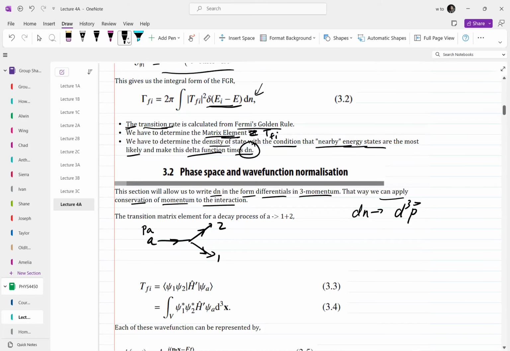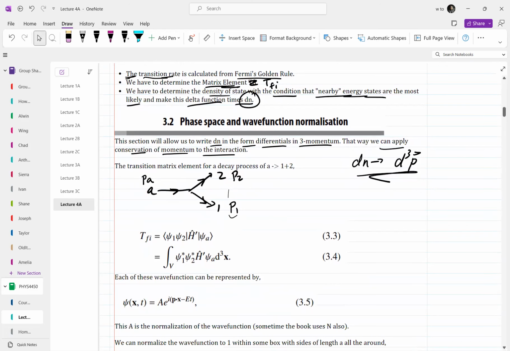You can even think about this as a 4-momentum or 3-momentum, with or without the energy, as you like. And then some momentum 1 and momentum 2 coming out of these two particles. So the energy part is constrained by this delta function of energy, and this number density thing is going to be constrained by the 3-momentum. So we're going to try to figure that out.